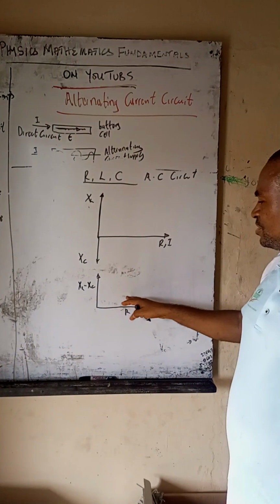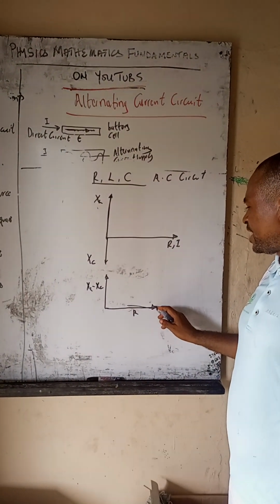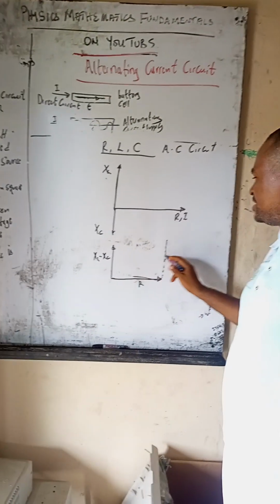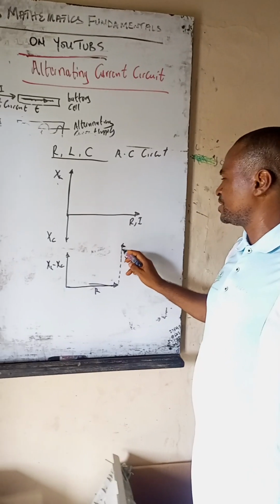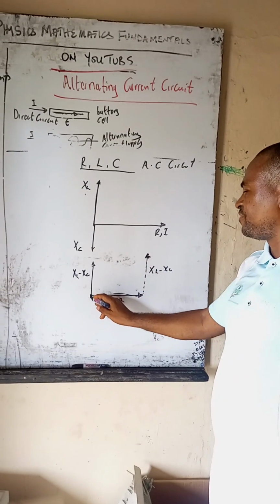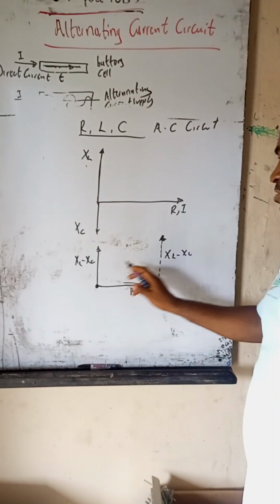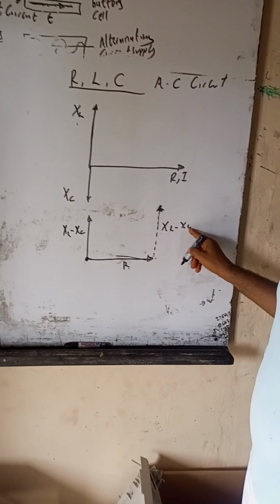Now, from vector addition, if you move like this, we can equally move the same value of XL minus XC in this direction here. So total displacement from this origin: when you move like this, you cover R. When you move like this, you cover this particular vector, that is XL minus XC.